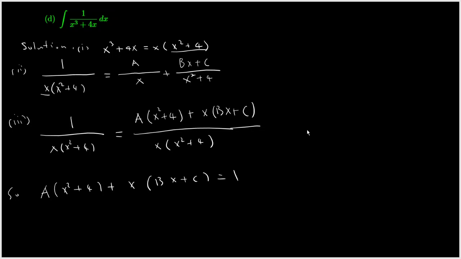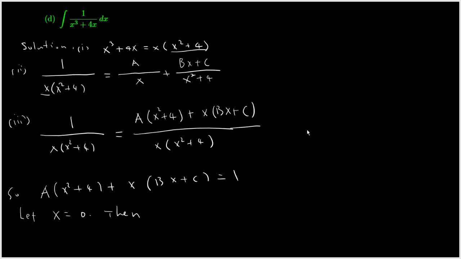Anybody see what x value you want to use to determine a? You need one particular value of x to determine a. So this one should be 0. An x value of 0 will give you the value of a. So we let x be 0, and then the equation becomes 4a.